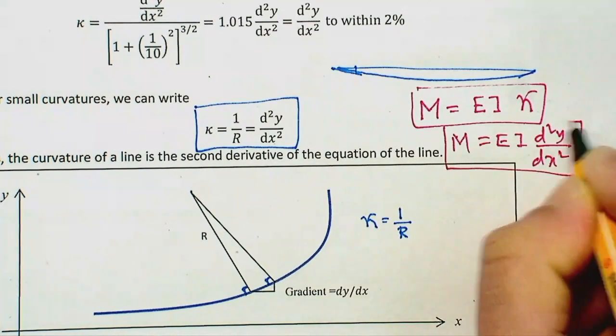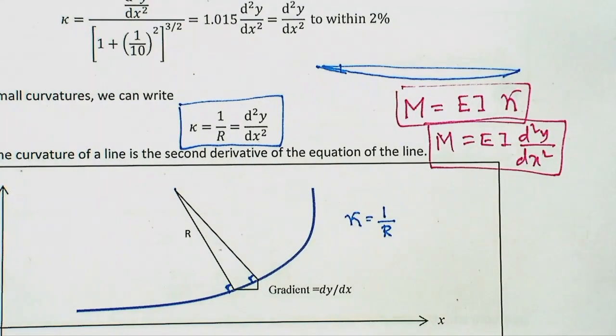Now, this is an ordinary second order differential equation. What is y? Y is the deflection of the curve. At any point x, this is y. Y is the deflection that we are interested in.